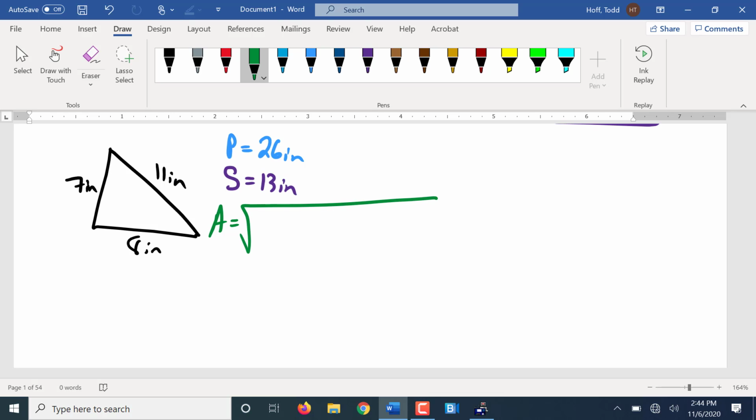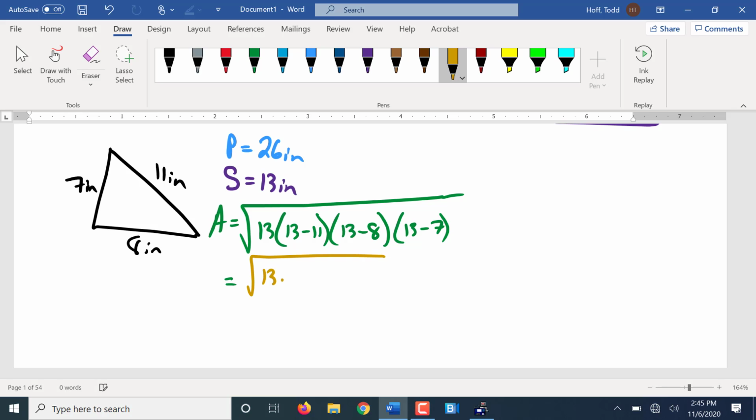So the area then will, yes, be the square root of, perfect. So that's the square root of 13 times 2 times 5 times 6.